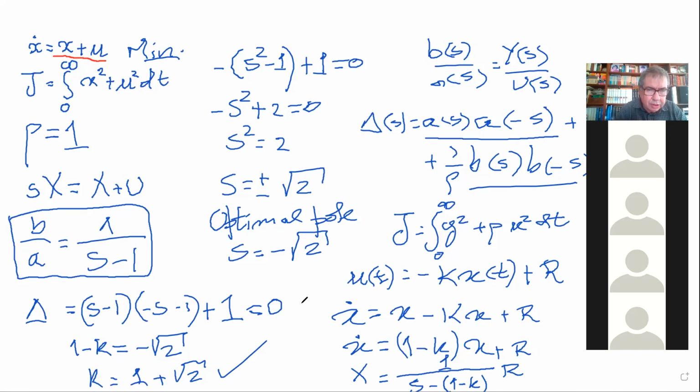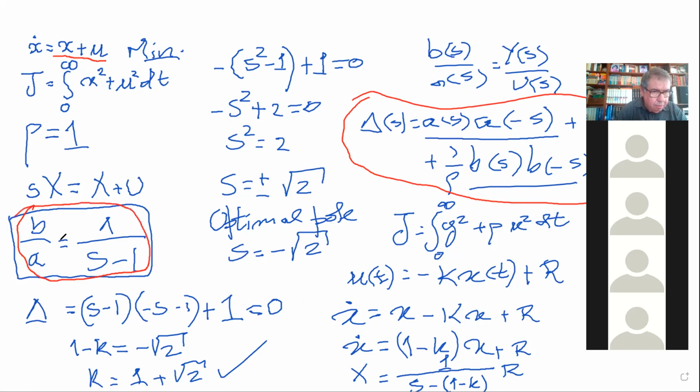So in this case, what was the technique? We find the optimal poles using Chang and Letov. Chang and Letov means that you form this delta polynomial, where A and B are the open loop, B is the numerator and A is the denominator of the open loop transfer function.